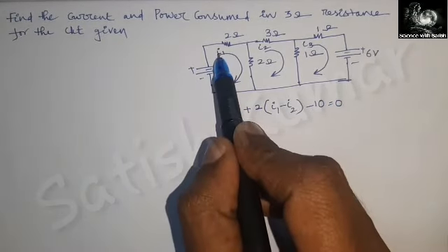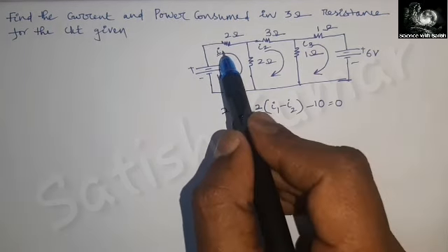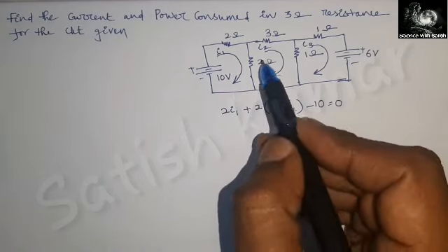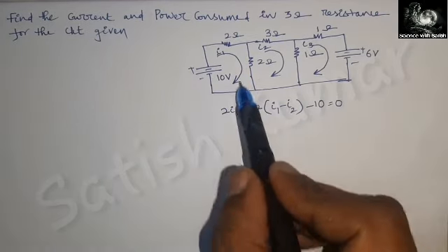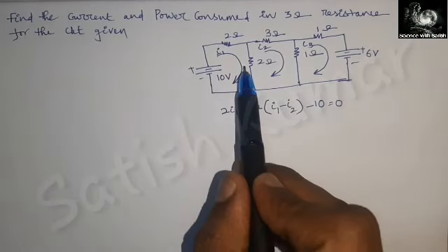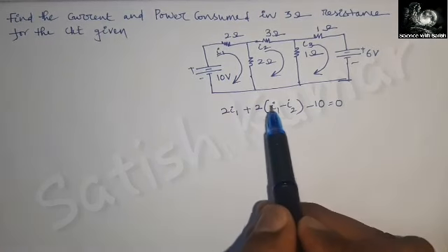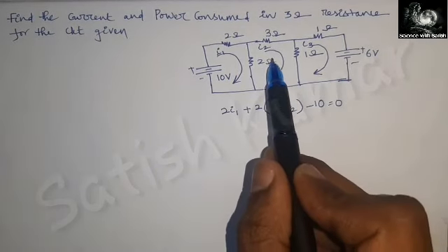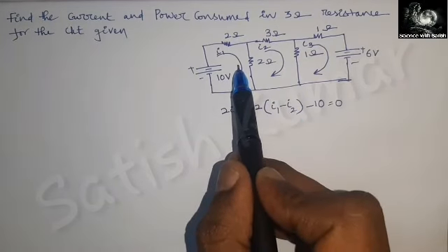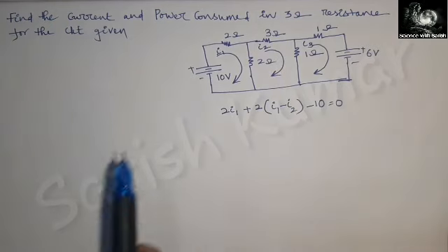So, I am considering the voltage drops as positive in the direction of the current. So, here I1 minus I2, because when you are solving these type of problems, the current in the loop should be positive and the current in the other loop should be negative. We are writing for this loop, that is why I1 should be positive and I2 should be negative.